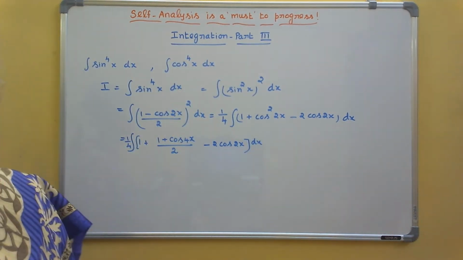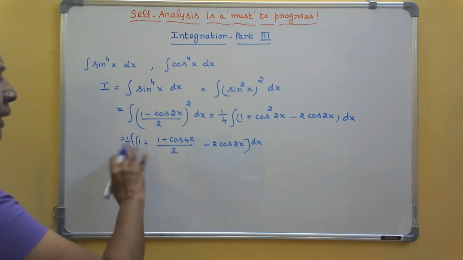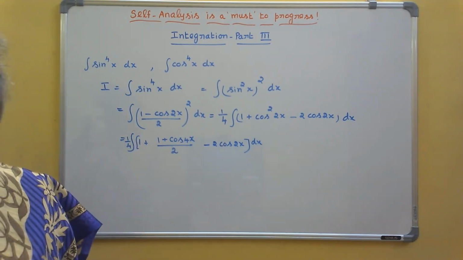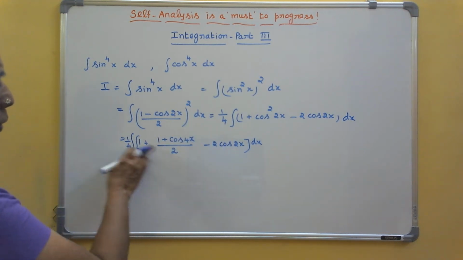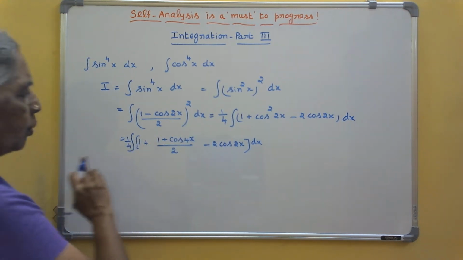Now it will be easy if you properly take the LCM and arrange the terms. So let us take 2 as the LCM here. Here 2 ones will be 2, that 2 plus 1 will be 3.